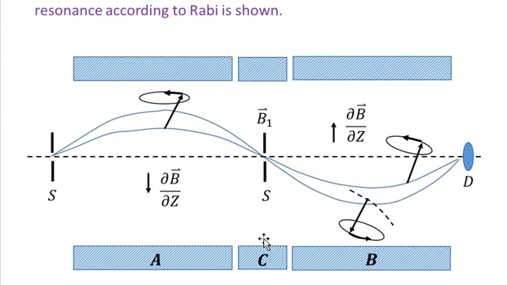And B1 is the magnetic field which will energize the absorption from the lower hyperfine level to the upper hyperfine level. Similarly, the magnetic field due to B1 will also induce the transition from the upper hyperfine level to the lower hyperfine level.